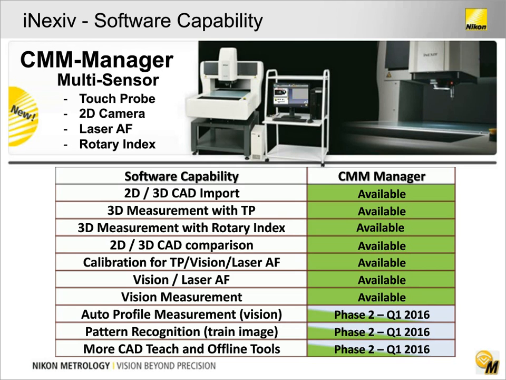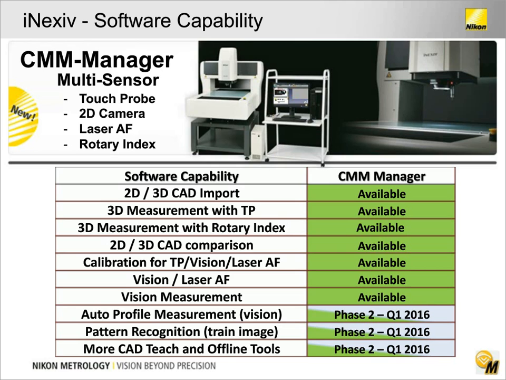So the software development is split up into two phases. The second phase we're starting work on now, and we're looking at release in the first quarter of 2016. So phase 2, we're looking to increase the vision capabilities that are unique to iNexiv. As we said before, CMM Manager already had a vision module and already has lots of experience working with the camera and with top lighting.